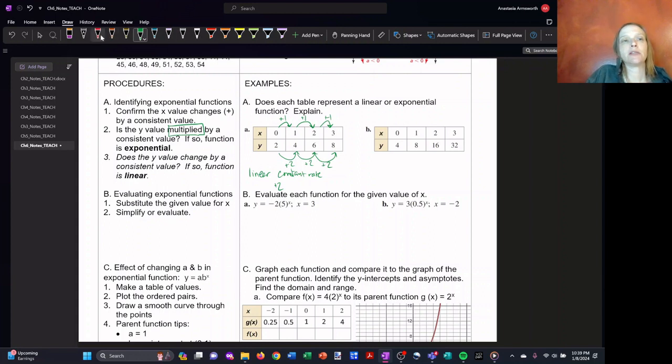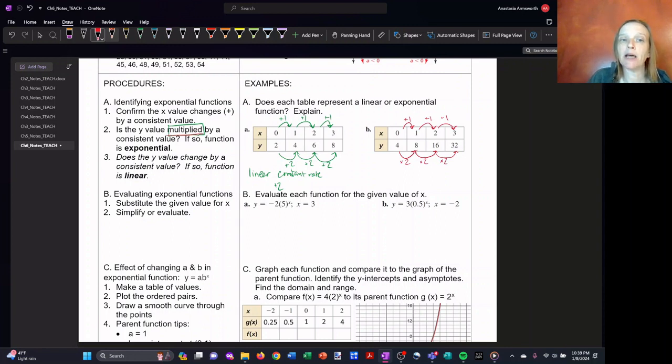So let's look at this other example here. Again, I'm going to check the x values before I check the y values. I'm adding 1 each time. And let's see, 4 times 2 is 8, but 4 plus 4 is also 8. So let me look at the next step. 8 times 2 is 16, and 16 times 2 is 32. Here I'm multiplying by 2 for each change in x.